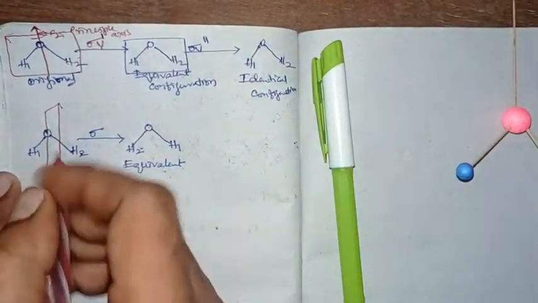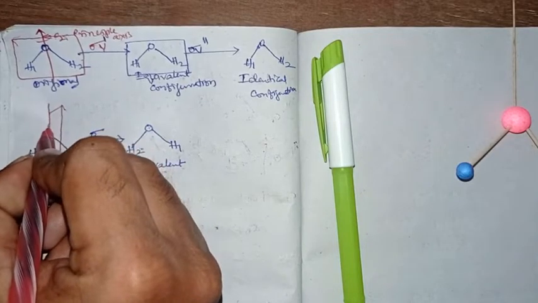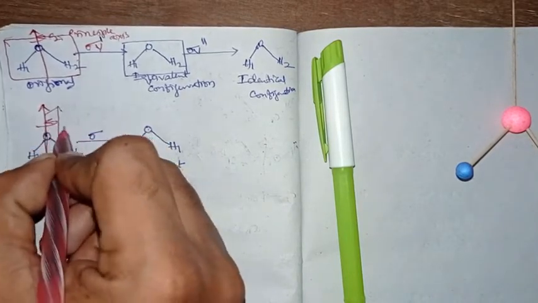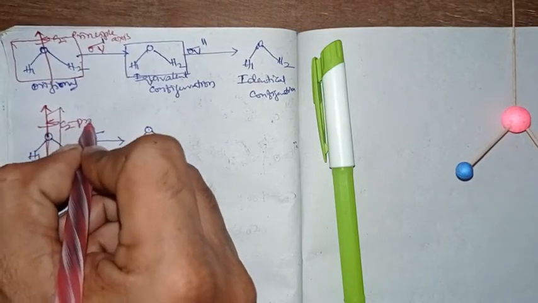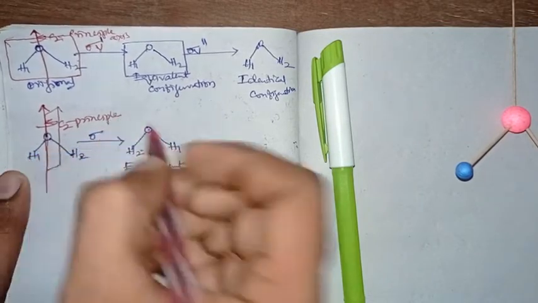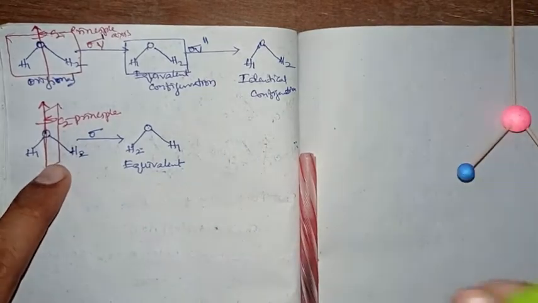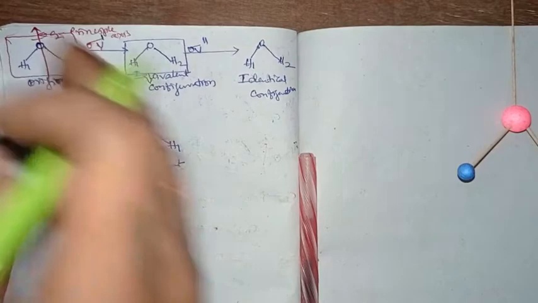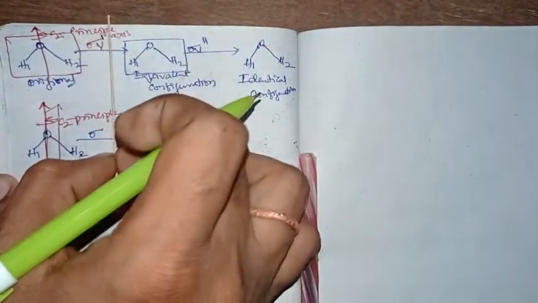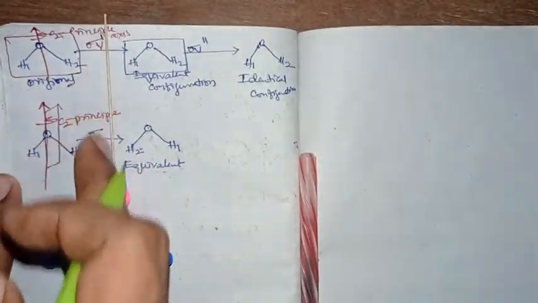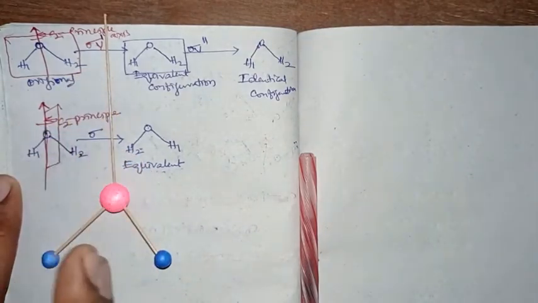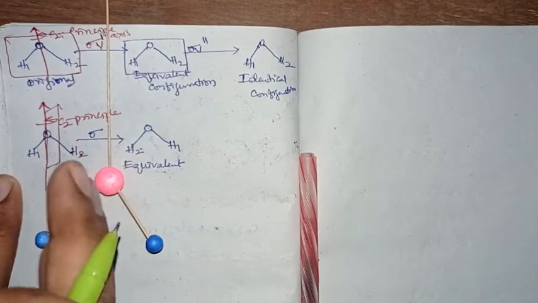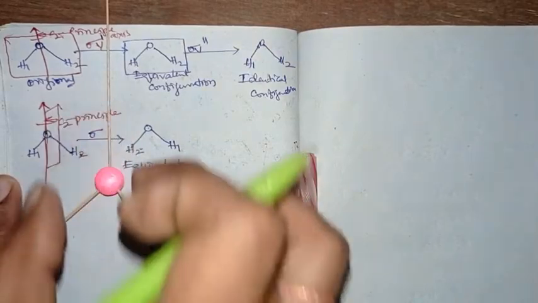So what type of plane of symmetry is it? When we see it, again we have to bother about the principal axis, which passes through the oxygen atom, the C2 principal axis, right? The C2 principal axis is passing through the oxygen atom, and the plane of symmetry also passes through the oxygen atom like this. Which means that the plane also passes through the principal axis.